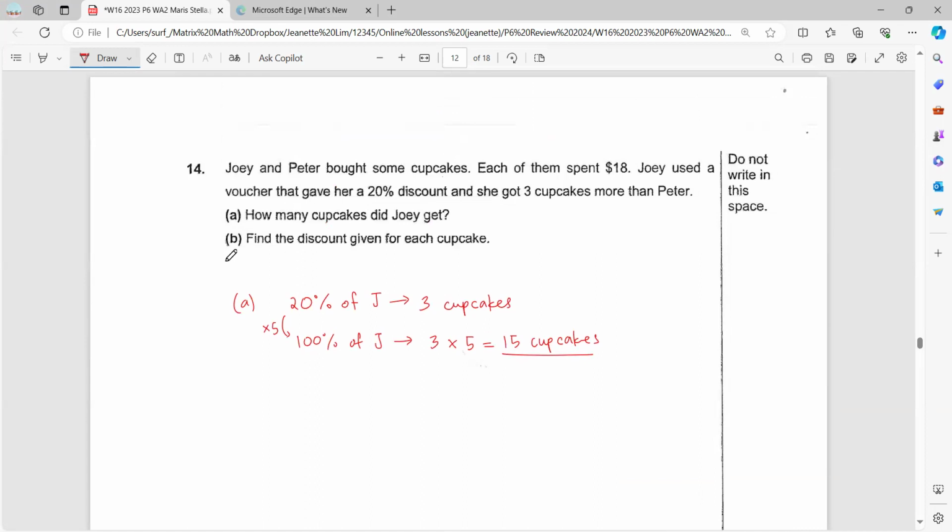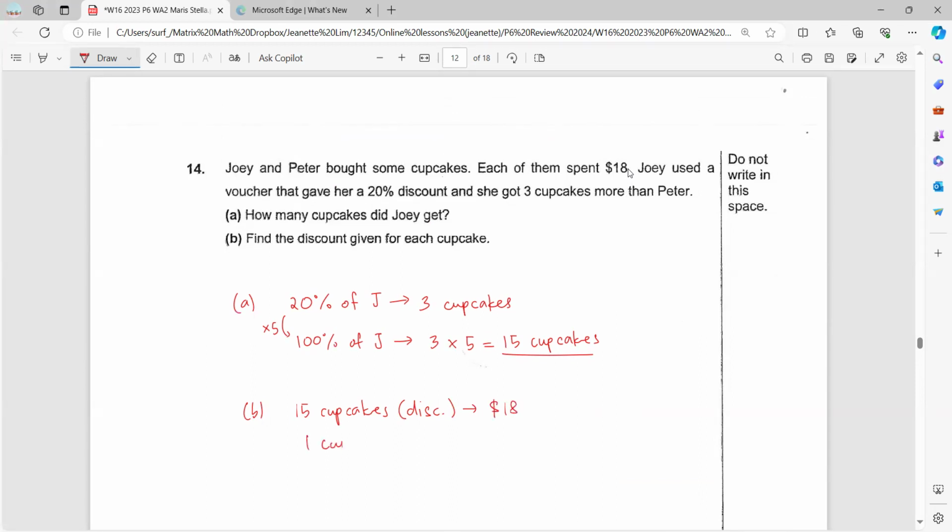Now for part B, find the discount given for each cupcake. So 15 cupcakes is what Joey had, right? And she actually spent a total of $18. So 15 cupcakes at a discounted price is $18.